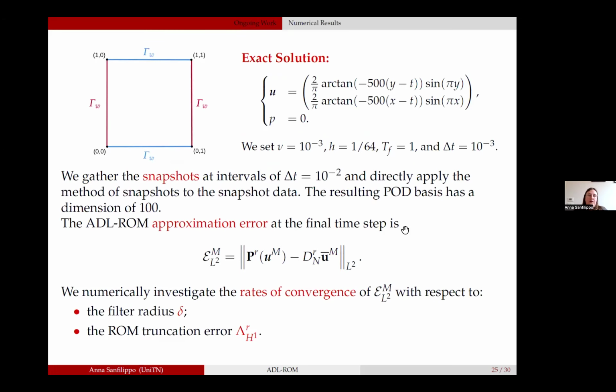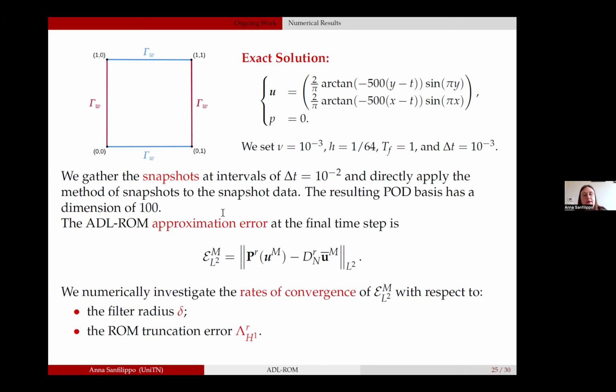And for doing the numerical test in this case, we use this problem in which we have the unit square as domain, this exact solution, because obviously to prove the theoretical rates, we want an exact solution. And we use the exact solution as snapshots in this case, not the finite element solution.